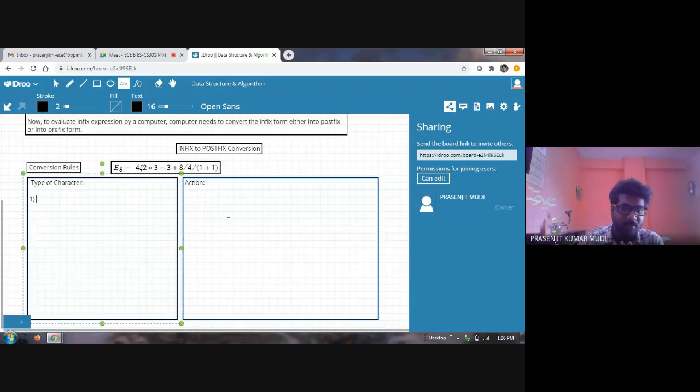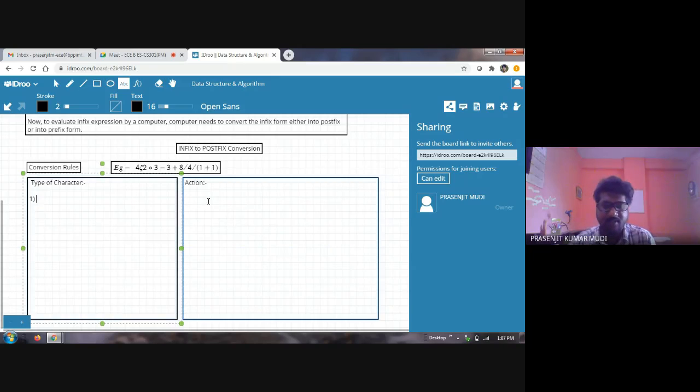The question is, are all the characters after scanning stored in the stack? The answer is clearly no. There will be certain rules applied on those scanned characters. Some characters will be stored in the stack, others will not. Which characters will be stored and which will not is based on some sort of rule.